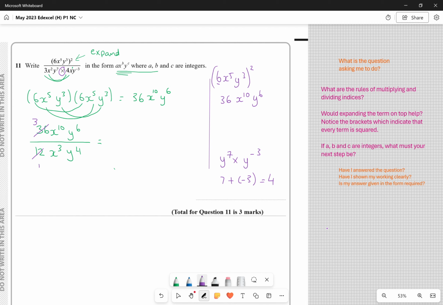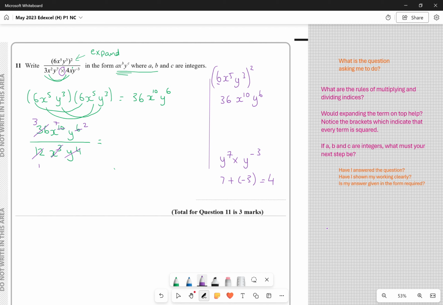When we're cancelling x's with powers, remember we subtract the powers. So 10 minus 3 is 7, so that becomes x to the power 7. And 6 minus 4 is 2, so that becomes y to the power 2, and that 4 is gone. The only thing we've got on the bottom is just 1.